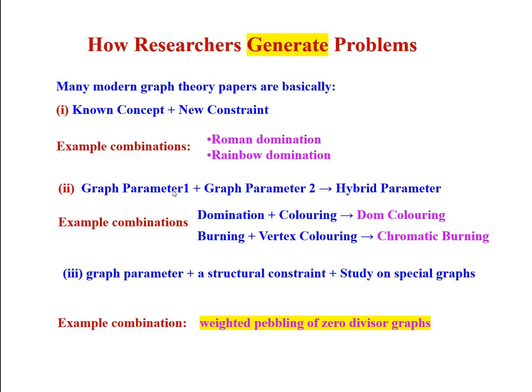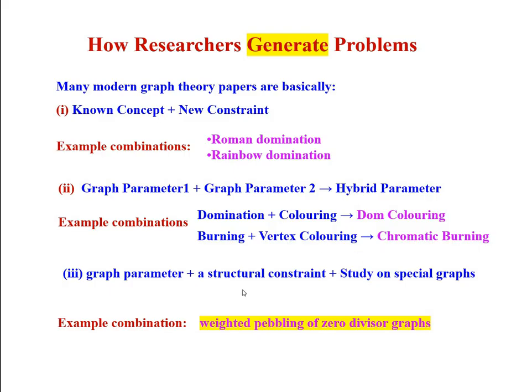These two parameters you can combine so that you will get a hybrid parameter. So domination is one parameter, coloring is another parameter, so that you have dom coloring. And dom coloring for various graph classes you can discuss. And burning number and vertex coloring, so chromatic burning you can have.